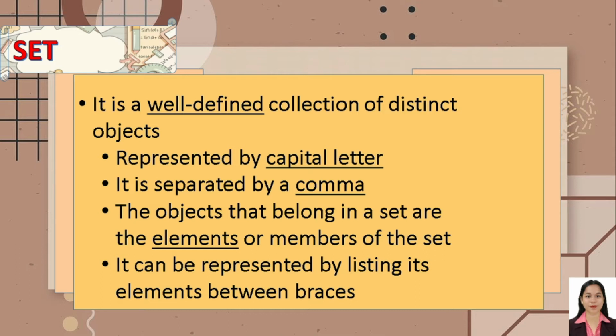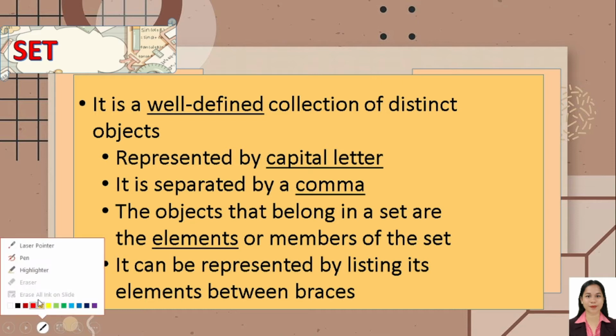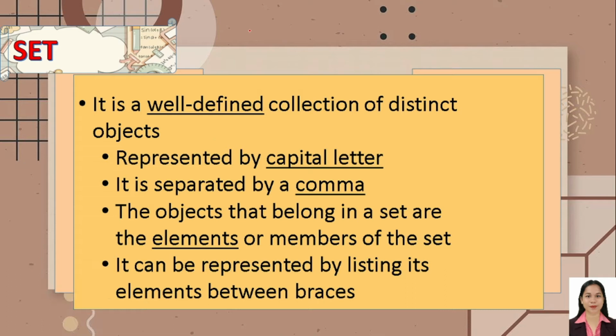So a set is represented by a capital letter, then what is inside the set are what we call the elements or members of the set, and it can be represented by listing the elements between braces. Each element is separated by a comma. So we have here the capital letter.